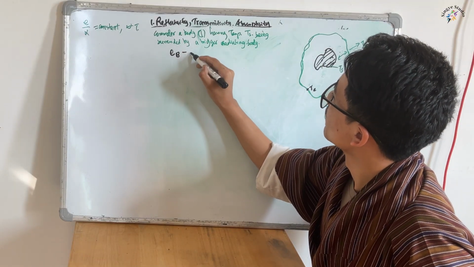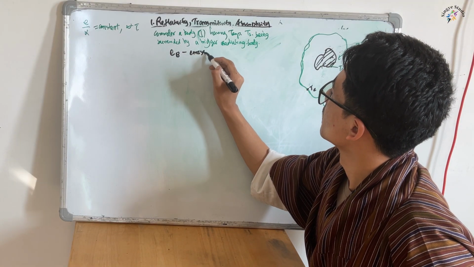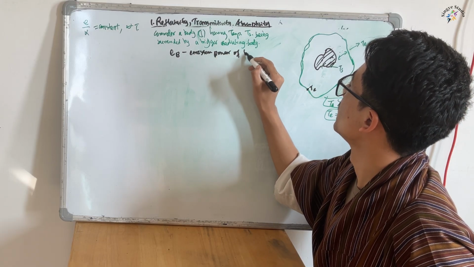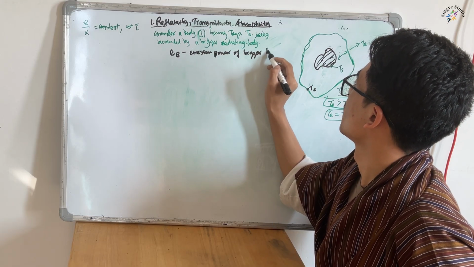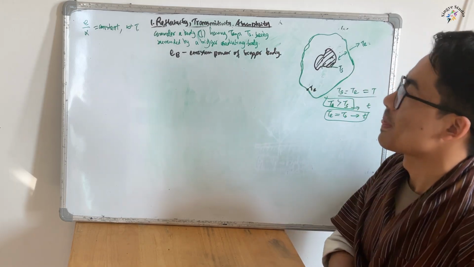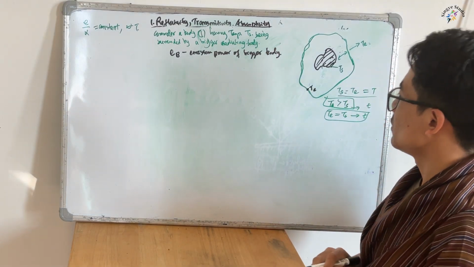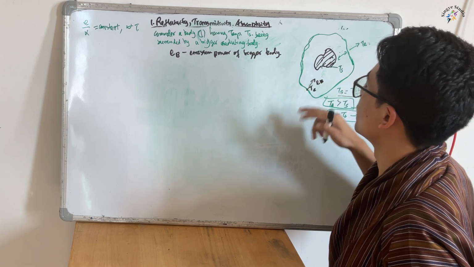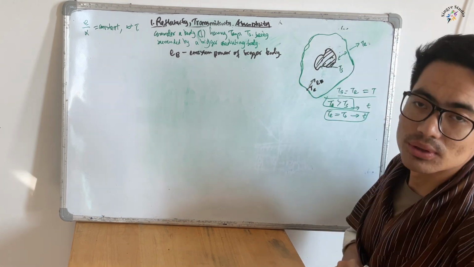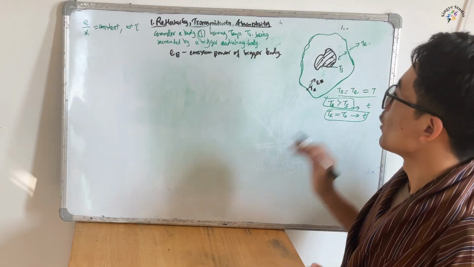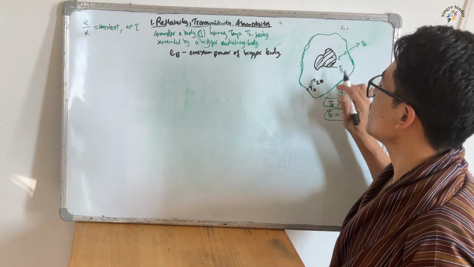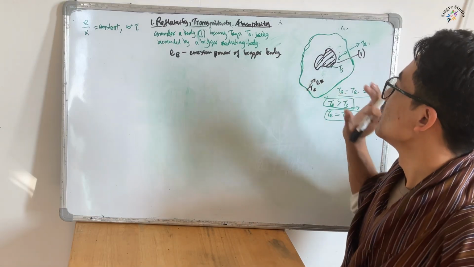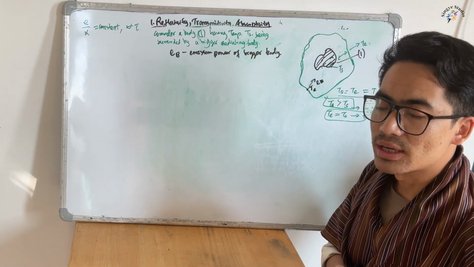This is the emission power of the bigger body. It will emit towards the body. Now what happens when it emits? Our smaller body, which we denoted as body 1, will absorb the heat, right?